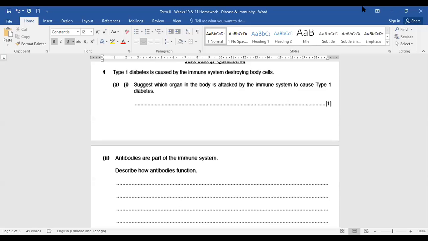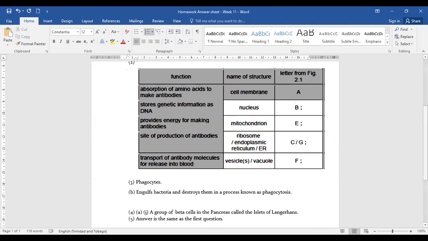So just as you would talk about when a pathogen enters the body, it alerts your lymphocytes, and your lymphocytes are able to reproduce themselves via a type of cell division called mitosis. Let me get the answer so you can follow along.